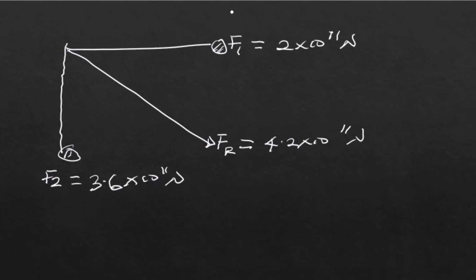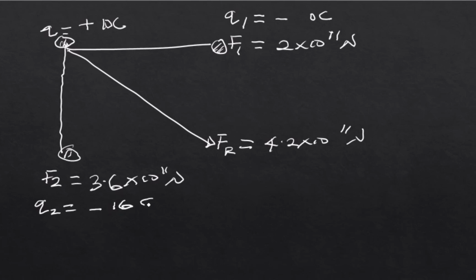Remember that our charge 1 is equal to minus 20 coulomb, while the general charge here is plus 10 C, and what we have at this point was Q2 to be equal to minus 16 charge.